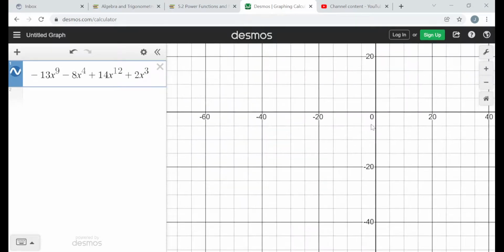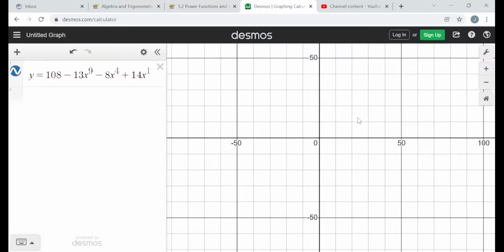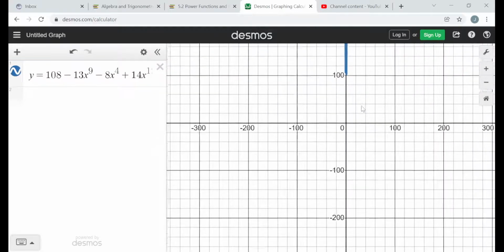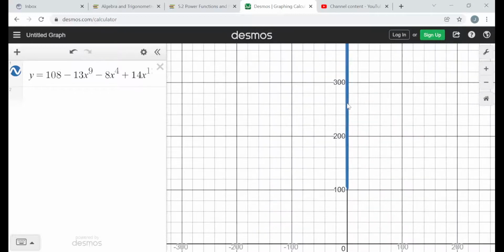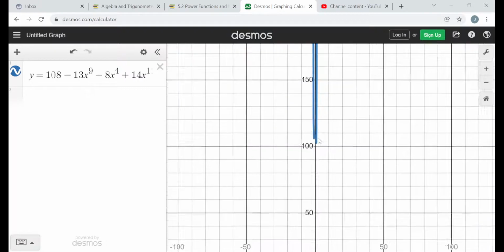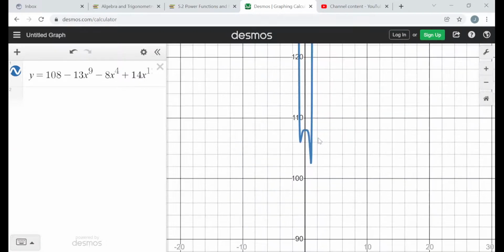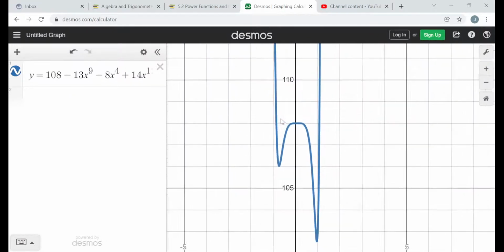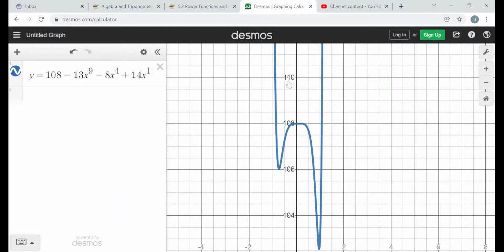Now, don't know how much we're going to see here. Probably that's why they don't want us to. Yeah, here we go. There's part of the graph up here. Wow. All right. So if I zoom in down here. All right. So look at this, right? Up to the left, up to the right.